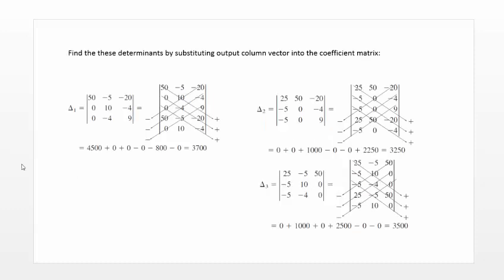So that's what I did. I substituted the 50, 0, 0 in the first column, found the determinant of it, and got a value.